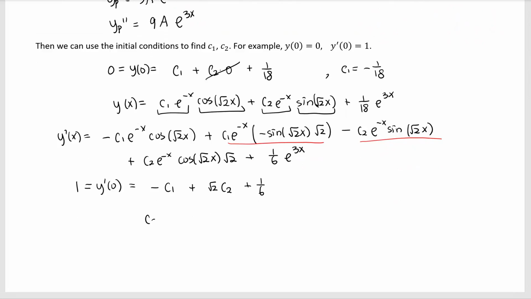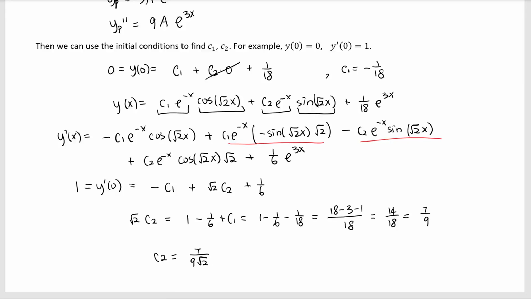So how do we solve for c2? Square root of 2 times c2 is 1 minus 1 over 6 plus c1, but c1 is negative 1 over 18, so 18 is the common denominator. Then we have 18 minus 3 minus 1, which is 14. So 14 over 18 is 7 over 9. So c2 is 7 over 9 divided by square root of 2.